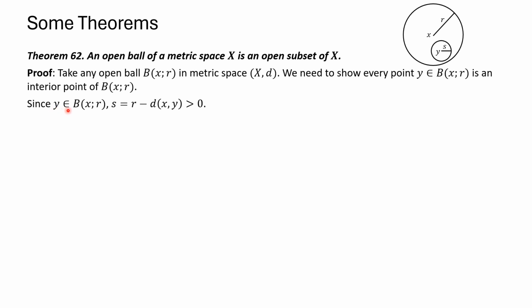Since Y is an element of our open ball, the distance between X and Y is less than the radius. So in other words, R minus this distance, call it S, is greater than 0.